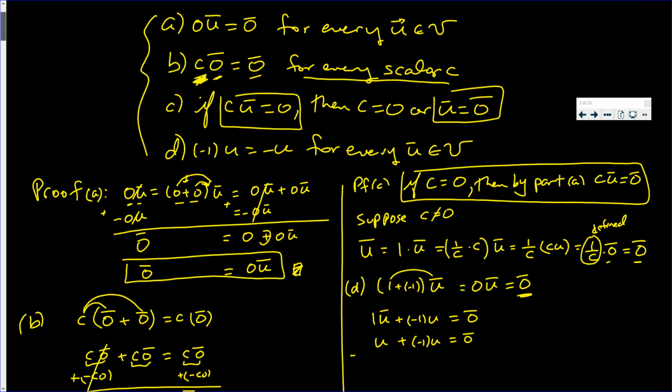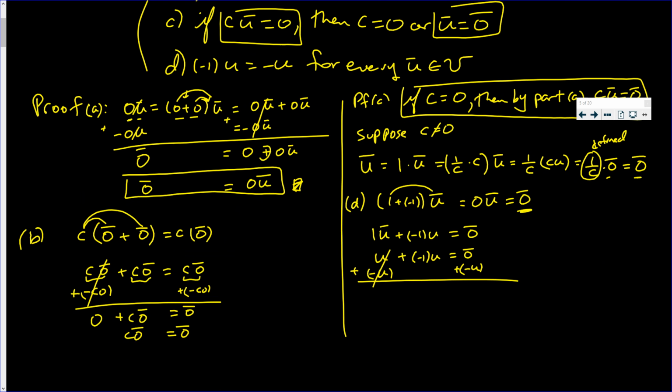Now, on both sides, I'm going to add the inverse of u. And add negative u to both sides. On the left side, I have the 0 vector plus negative 1u, which is just negative 1u. On the right-hand side, I have the 0 vector plus negative u, which is just negative u.